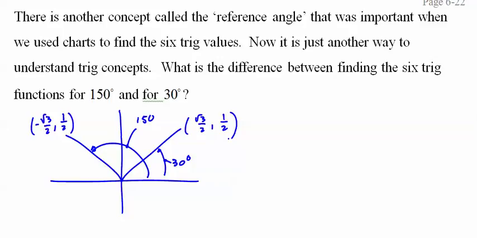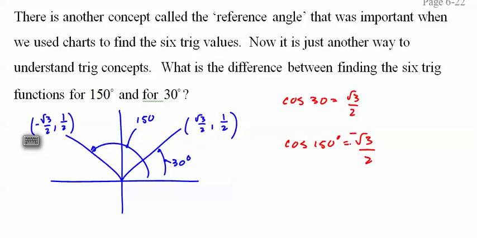Cosine is the same except for the negative. This is what a reference angle is telling you, that these angles are the same except for the negative. In some cases, they're actually the same, which is going to cause us some serious headaches when we get to ambiguous case law of sines. But we'll talk about that later.